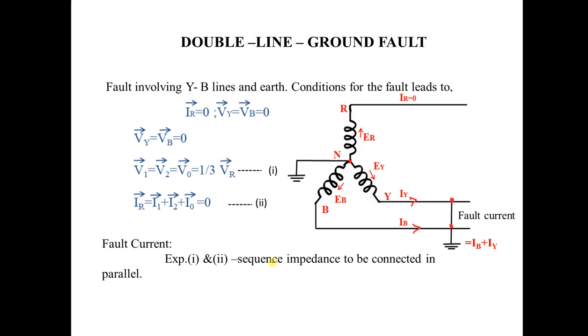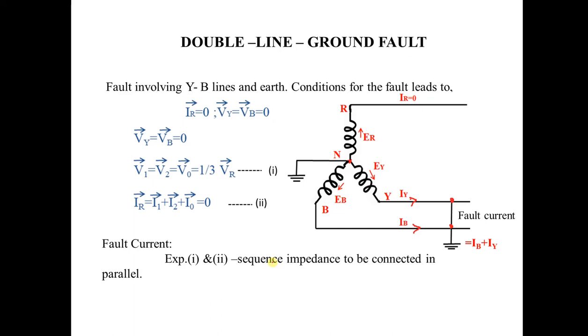Here the conditions are IR equal to 0 and VY equal to VB equal to 0. So all the phase voltages V1, V2, V0 will be equal to 1/3 of VR, and IR will be equal to 0. From equations 1 and 2, the sequence impedances are connected in parallel.